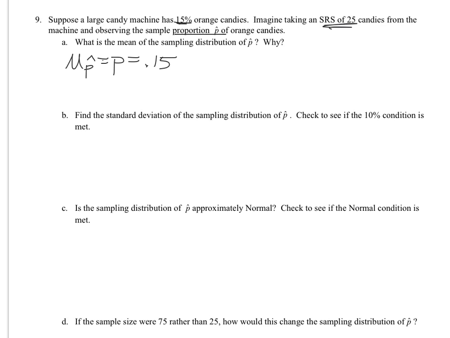That's the reason why. All right, part B. Find the standard deviation of the sampling distribution of P hat. So first, we have to make sure that the 10% condition is met, because if it's not met, then we can't use that formula. So you take the sample, 25 times 10, and you get 250. Is it likely that the population would have at least 250 candies?